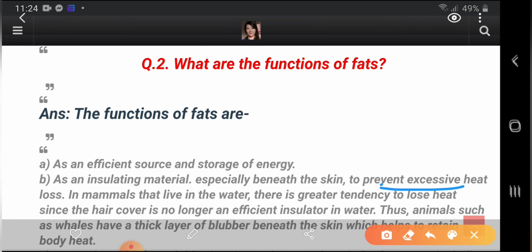In mammals that live in water, there is a greater tendency to lose heat. Since the hair cover is no longer an efficient insulator in water, animals such as whales have a thick layer of blubber beneath the skin which helps to retain body heat.